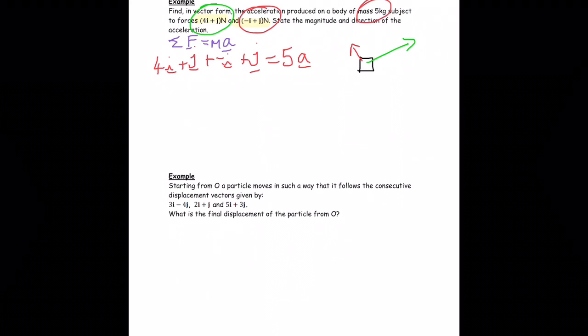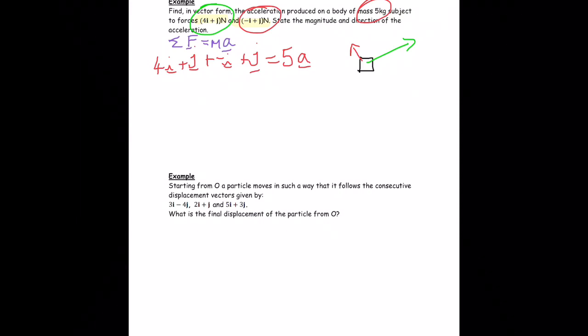Now, mass is just a number, so that's a scalar, as we call it, and therefore won't be represented as a vector. So all I do is add all of my force vectors up, and that should equal the mass times the acceleration vector.